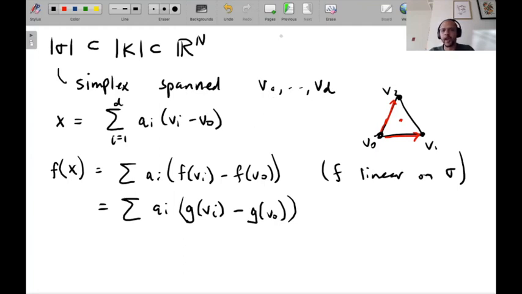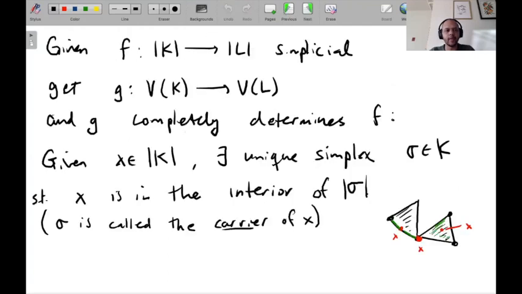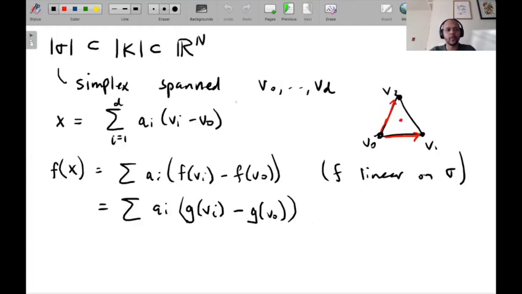Let me just recap what we've shown here. The claim that we started with was that this map on vertices completely determines the map f. And the explanation is, given any point, it's in the interior of a unique simplex. And so then you can write it in this form. And then the value of f is given by this expression.